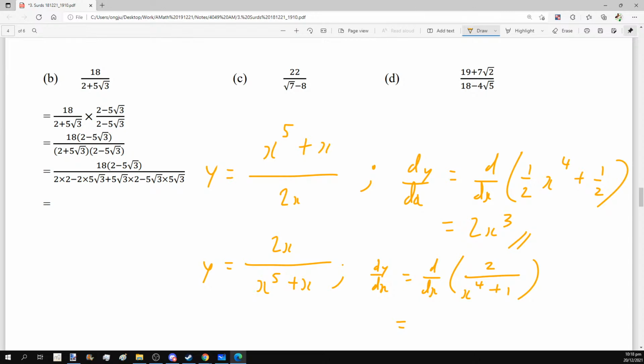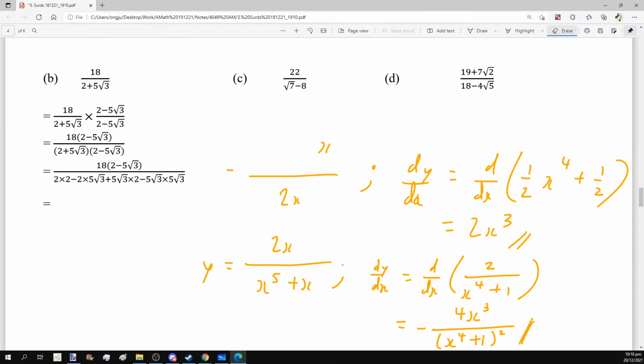You're going to have to use specifically the quotient rule, correct? And then we will end up with this answer, which is dramatically more messy than the first example. Therefore, the moral of the story is that nobody cares about the numerator looking ugly. But the moment the denominator is ugly, everybody loses their minds.